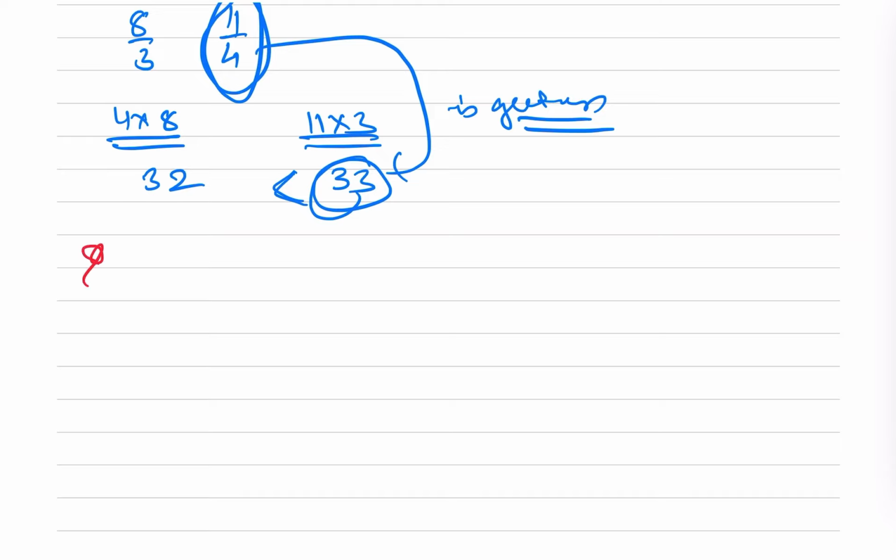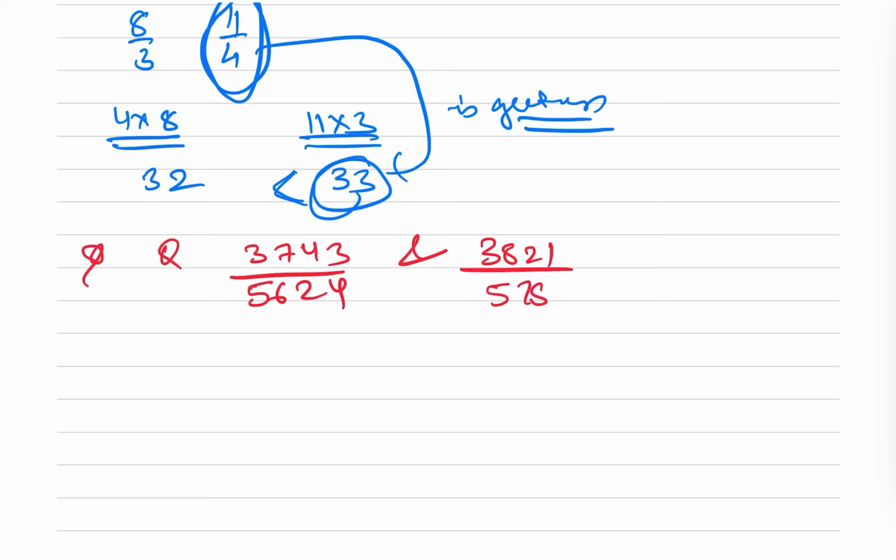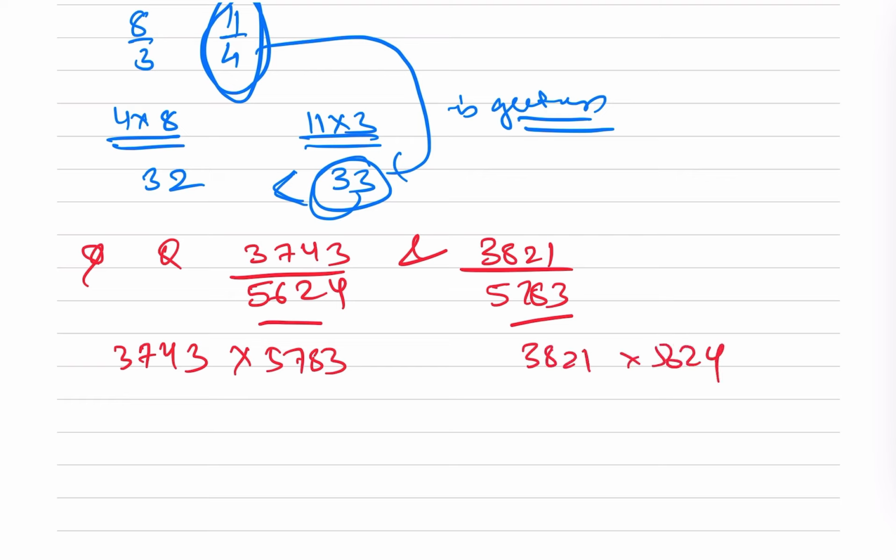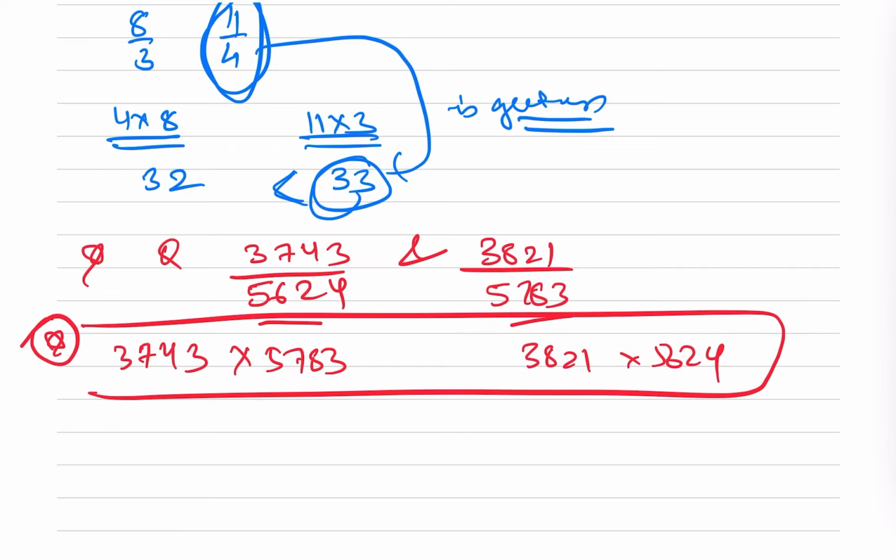Now, for example, let's say the question gives 3743 upon 5624, some random numbers, and 3821 upon 5783. Compare these two. Now if you do cross multiplication, you have to do 3743 into 5783, and you have to do 3821 into 5624. Though this is not a wrong way, do you think this will consume much time?